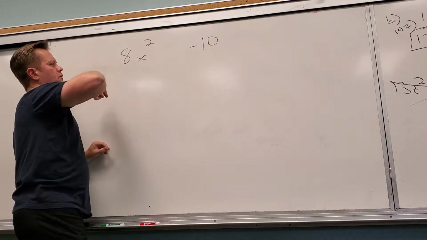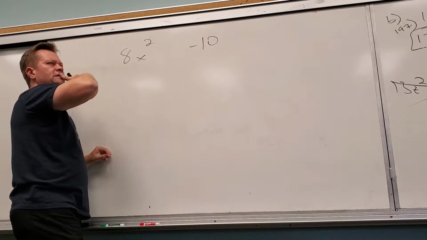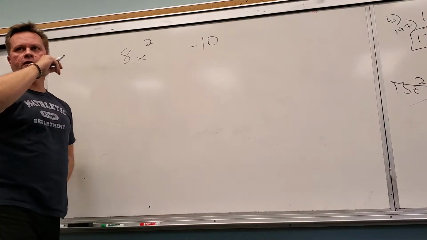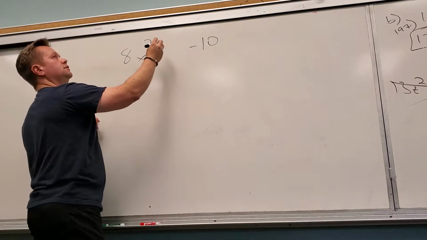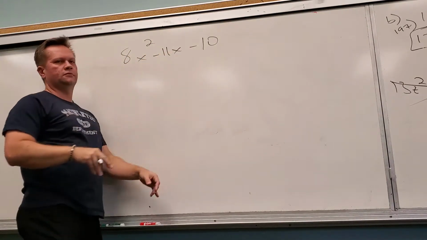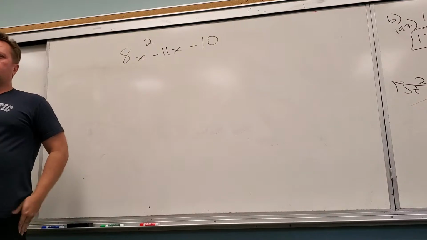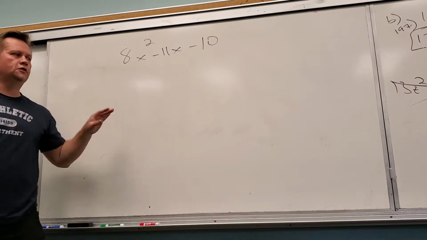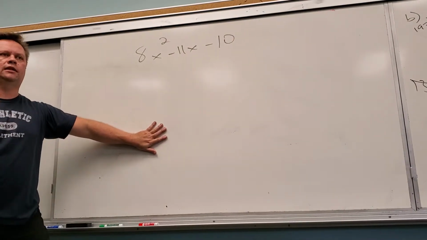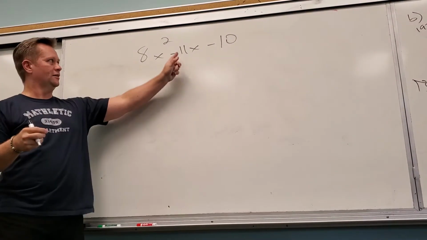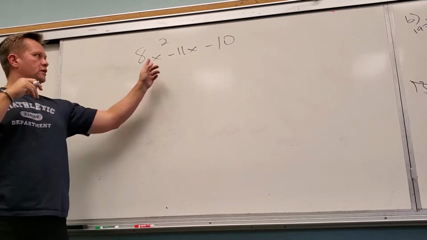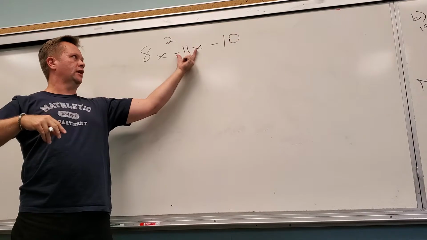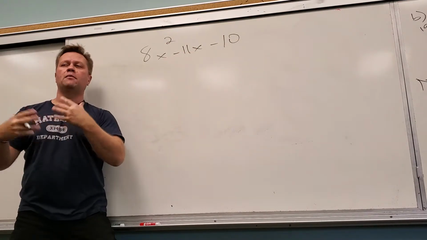You guys see what I did last? I put the middle one last. So what I was doing was, I did 80, and then I figured out ways to factor 80, and then I put it together to do the middle, because that's how I make a problem that's going to work.